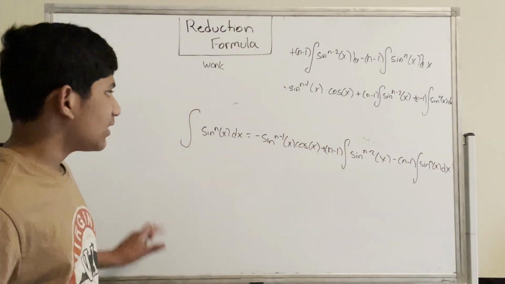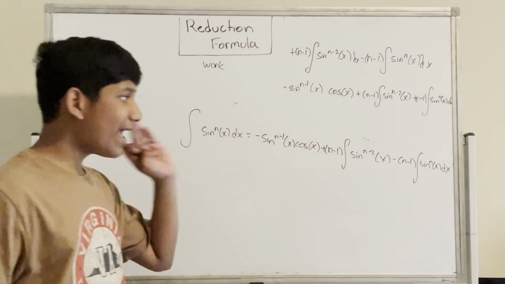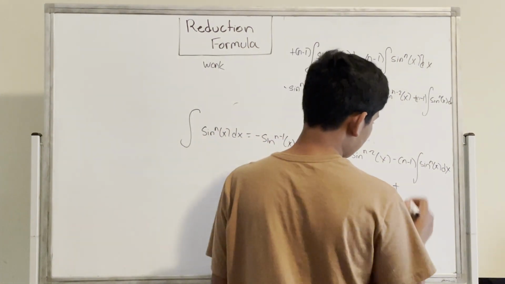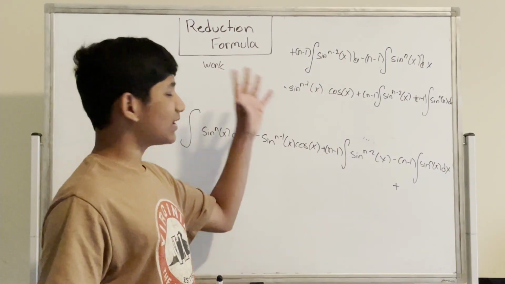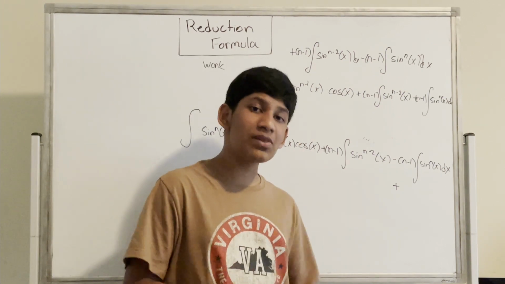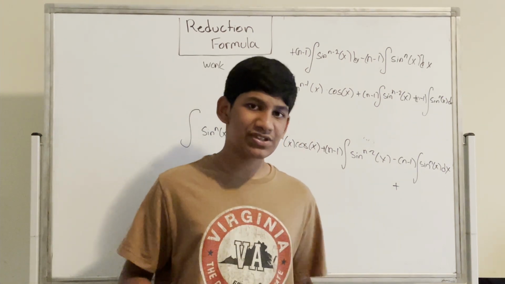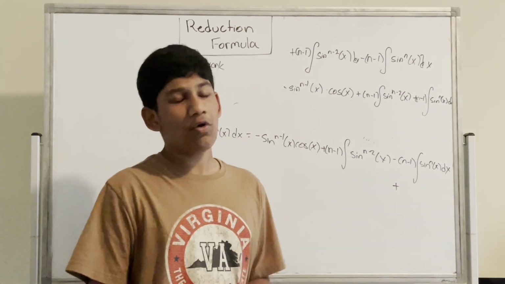Okay, now that we have this big integral formula over here, we can now add this integral to the other side. Now, I talked about this a little bit earlier. I said that when we're trying to arrive at a similar type of integral, a variant, or the exact same type of integral, we have the exact same type of integral over here.